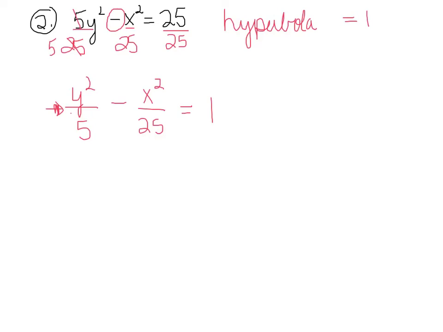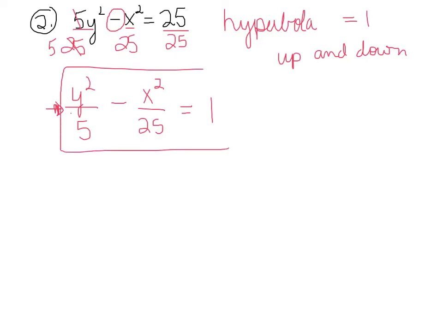So this hyperbola is going to open up, down. So if you copied that down in your notes, you might want to go back and change that. So this is your final equation. And that's not a negative, okay.